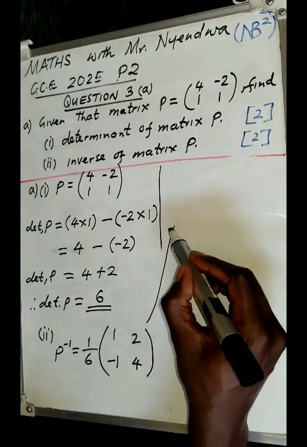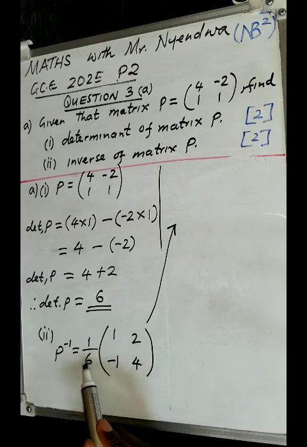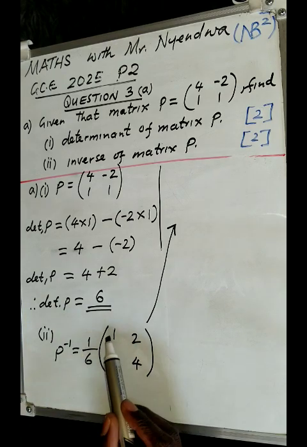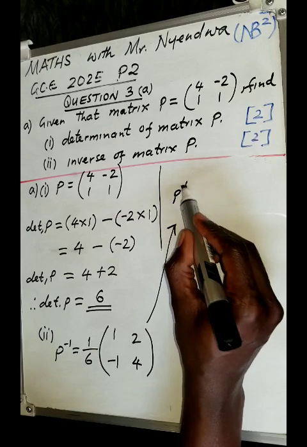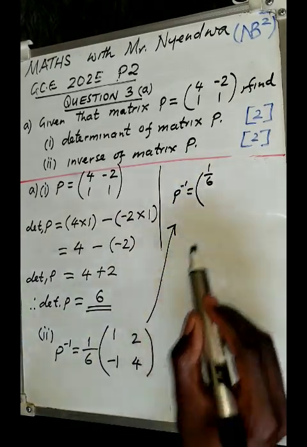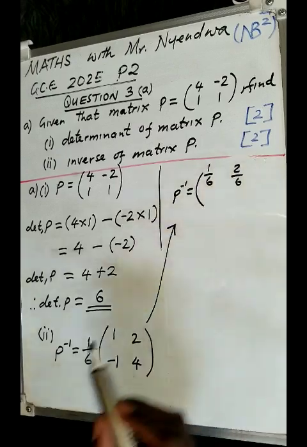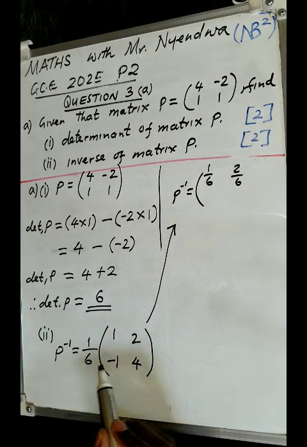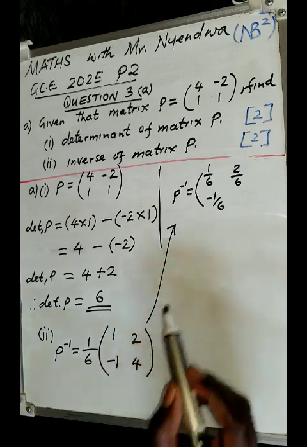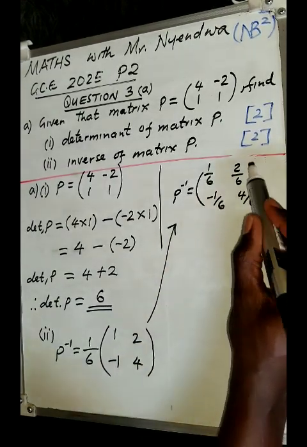Now you can go further and multiply 1 over 6 times each of the terms that are there. 1 over 6 times 1 is 1 over 6. 1 over 6 times 2 is 2 over 6. 1 over 6 times negative 1 gives you negative 1 over 6. 1 over 6 times 4 is 4 over 6.